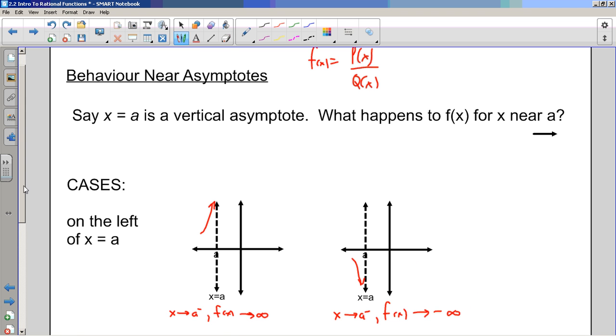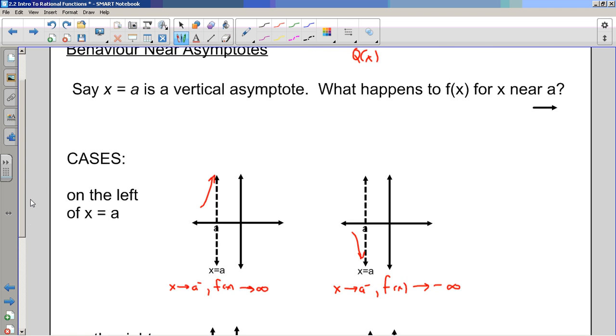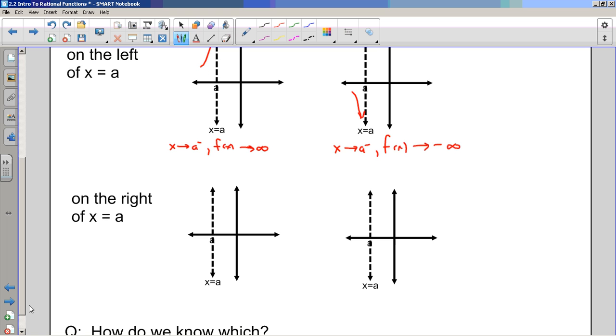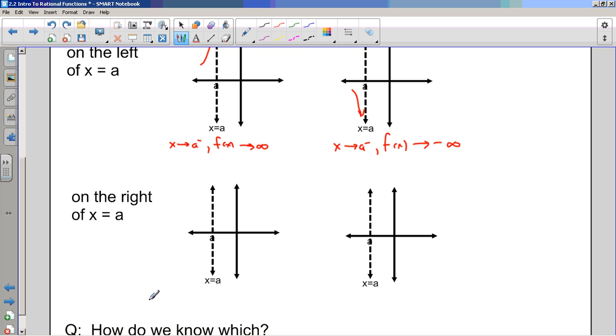Now, in order to consider the behavior near an asymptote, we could also think of x getting close to a from the right. And so in this case, if I'm thinking of x getting close to a from the right, it could be high or low again.